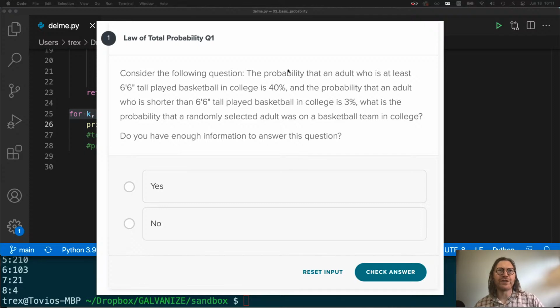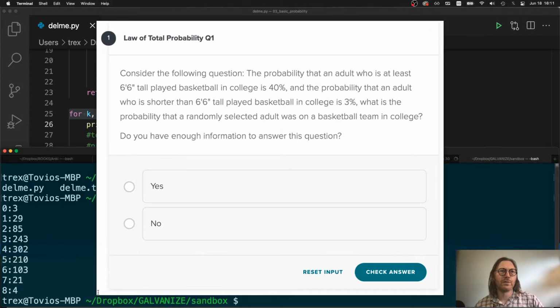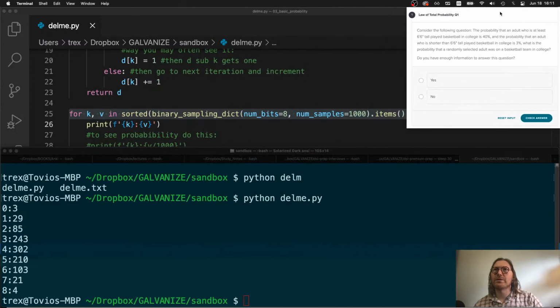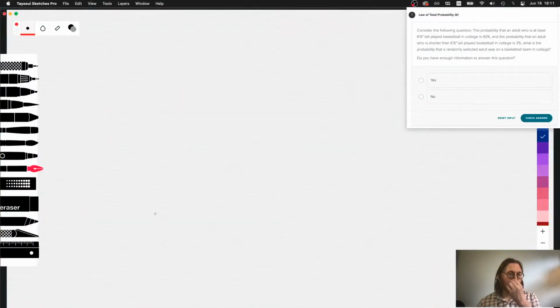And the reasoning, if we break this down, I'll put this up on the right so we can reference it. The probability that an adult who is at least 6'6" tall played basketball in college is 40%.